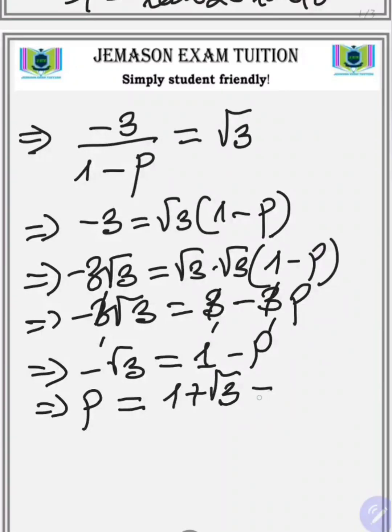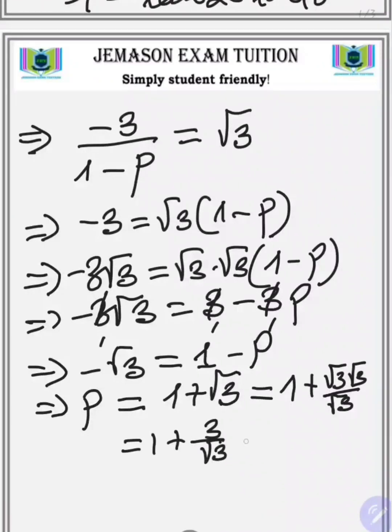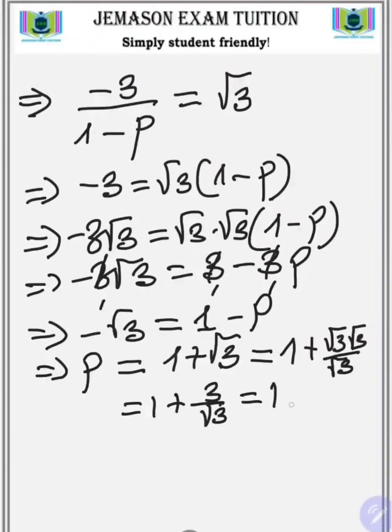So we'll proceed. Now sec 30 degrees is supposed to be 2 over root 3. So we start by putting 1 plus root 3 into root 3 all over root 3, so that we get 1 plus 3 all over root 3, which is the same as 1 plus 3 all over 2 times 2 root 3.